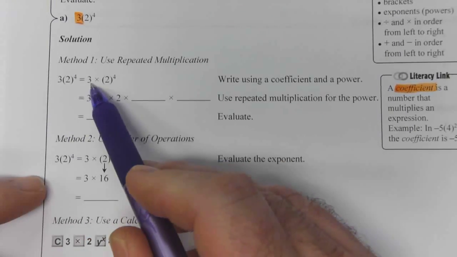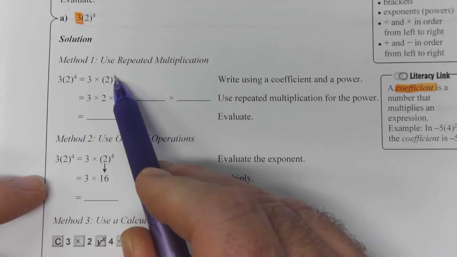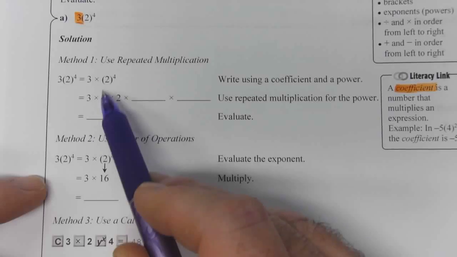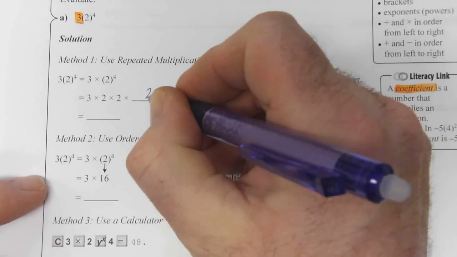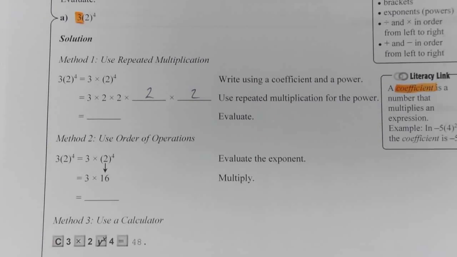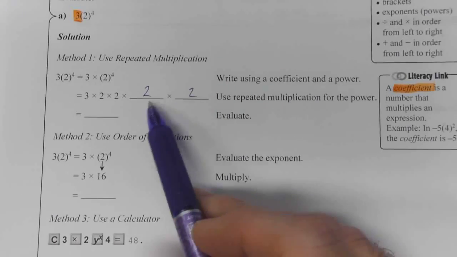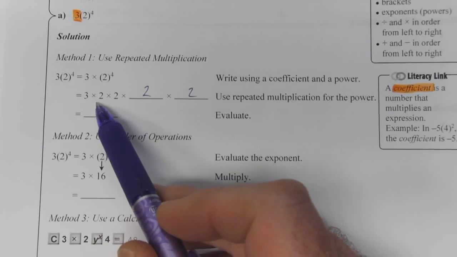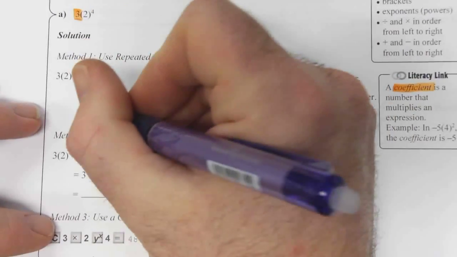What this means, it's 3 times 2 to the power of 4, which is 3 times 2 times 2 times 2 times 2. So the coefficient just sticks in front of the repeated multiplication that you can use for your power. It's really nothing too mind-blowing that we've added into this. So 2 times 2 is 4, times 2 is 8, times 2 is 16, times 3 gives you an answer of 48.